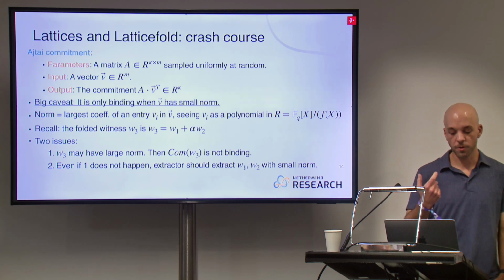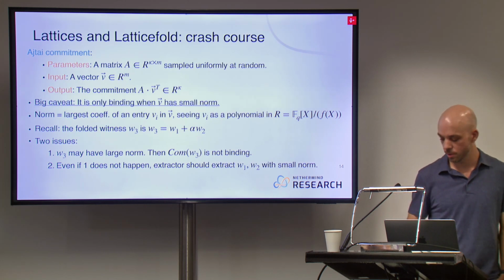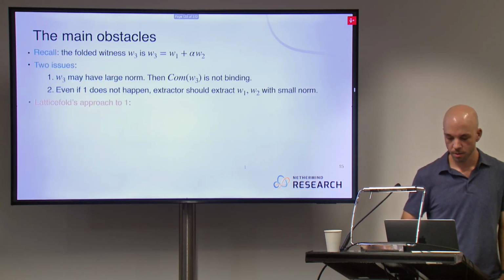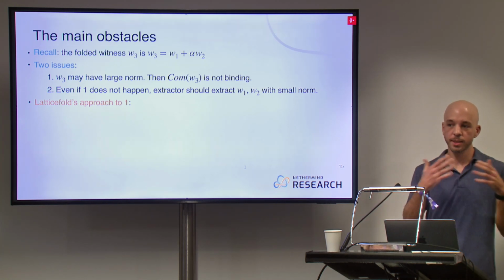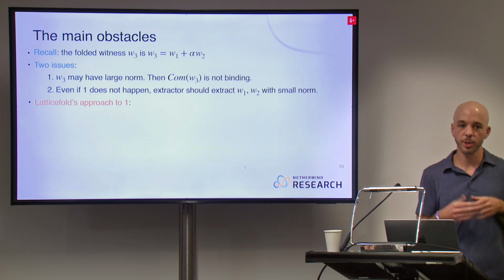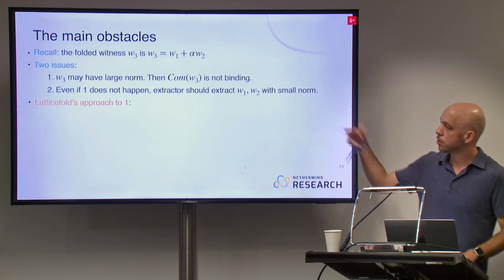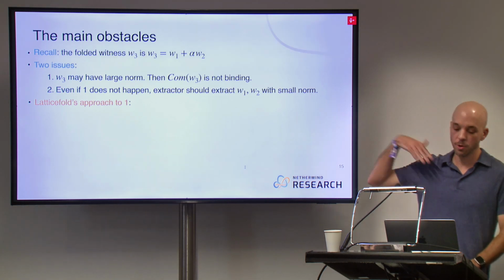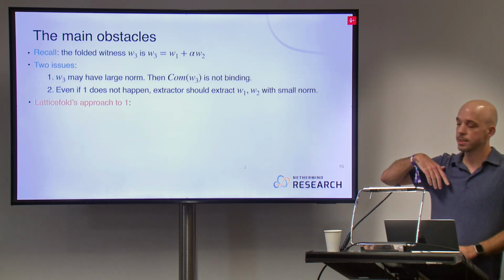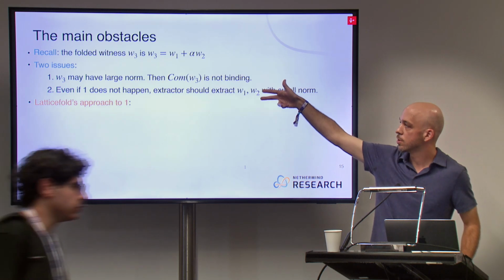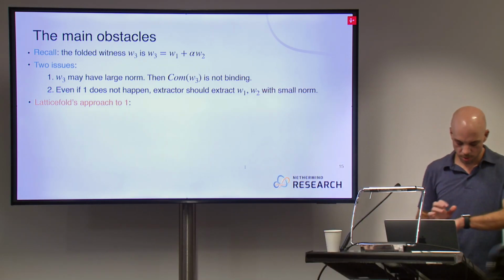LatticeFold is a scheme that builds a lattice-based version of HyperNova that deals with these two issues. It works like HyperNova, but it has extensions to deal with these two problems.